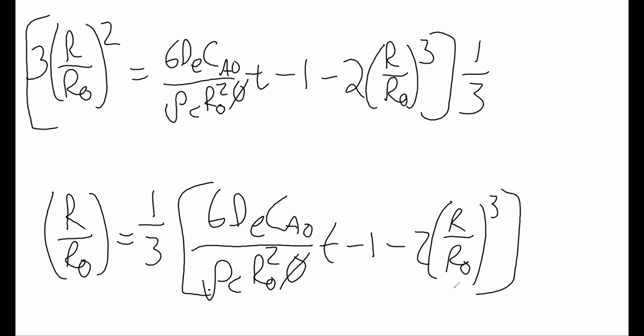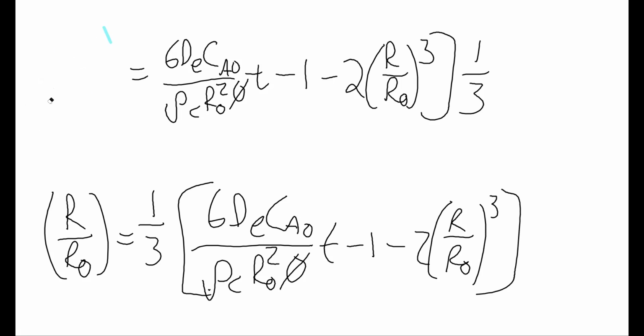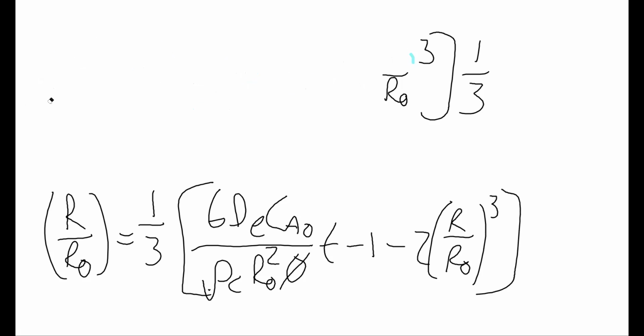The last step is, there's a square there still. Taking the square root of everything, multiplying by r naught, right?